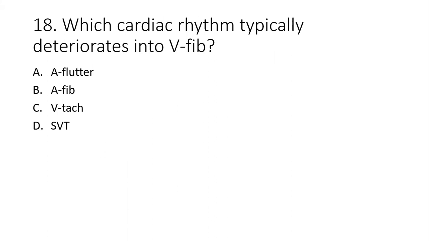Which cardiac rhythm typically deteriorates into VFib? Is it C? Yep, it is. From what I understand, VTAC is a ventricular dysrhythmia and it has the potential to become unstable. A flutter is an atrial issue, and supraventricular tachycardia is, I don't really truly understand how it works.